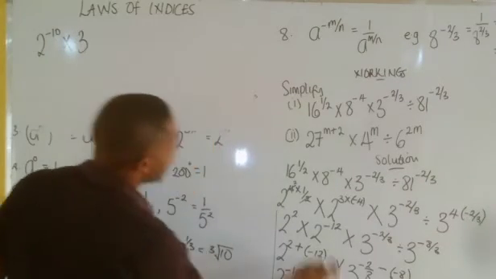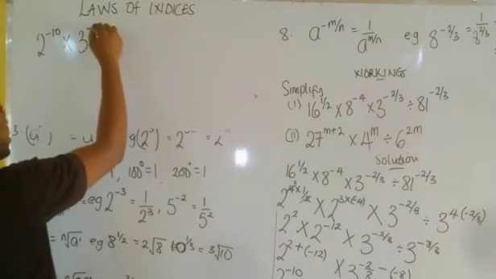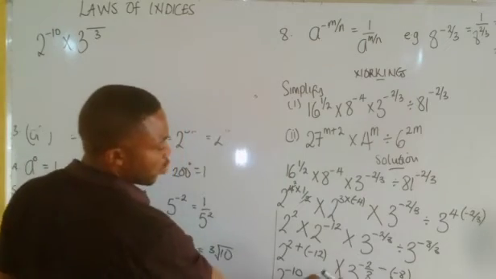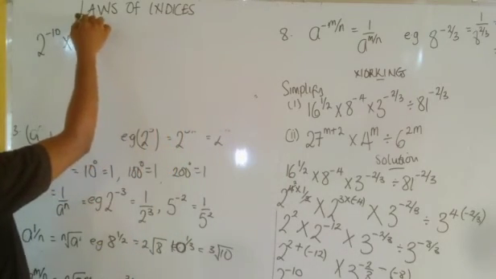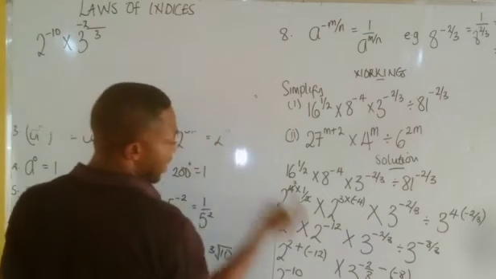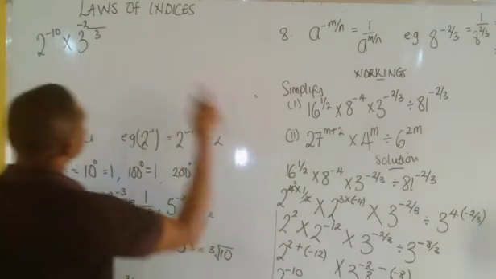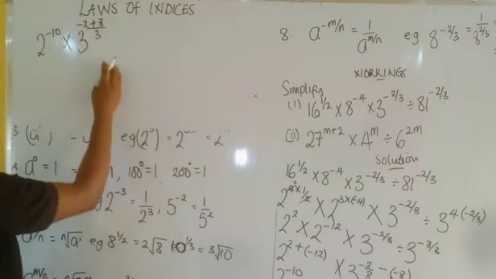Now the LCM of 3 and 3 will give us 3. Now 3 divided by 3 is 1. 1 times minus 2, we have minus 2. 3 divided by 3 here is 1. 1 times 8, we have plus 8.